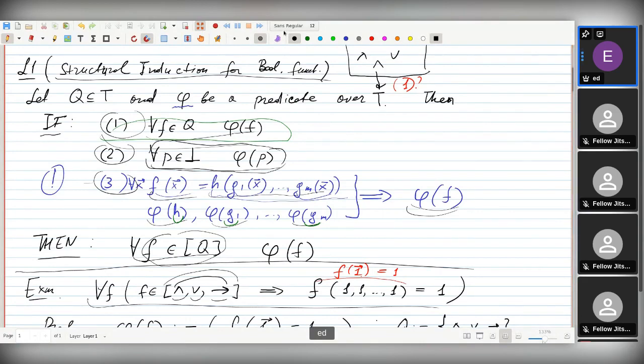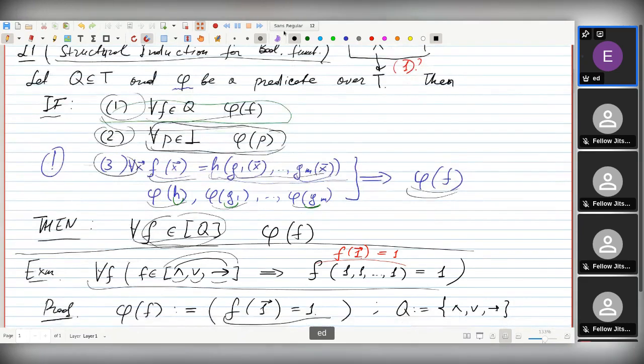Look, the statement of this lemma does not mention circuits. The proof is based on circuits, but the statement itself does not explicitly mention circuits. Only here, of course, when we are talking about what the closure is. But in principle, there may be other ways to define closure.